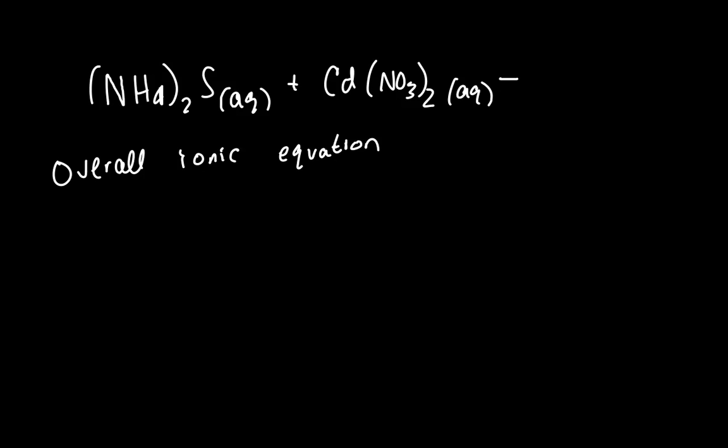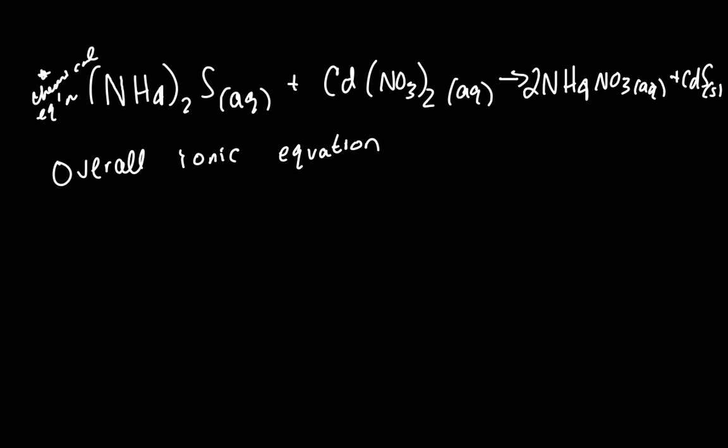So let's just write the overall chemical equation, which we did, which was then (NH4)2S (aq) plus Cd(NO3)2 (aq) yields NH4NO3 (aq), I'm going to run out of room, plus CdS (s). And then we balance. So NH4NO3 becomes a 2, and that takes care of that. Okay, so this is the chemical equation. Now, if I were to write that as an overall ionic equation, here's what it would look like.